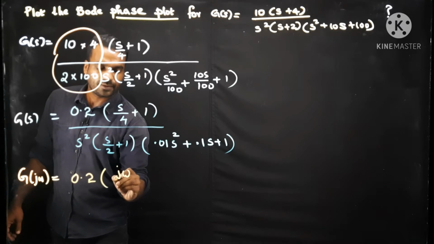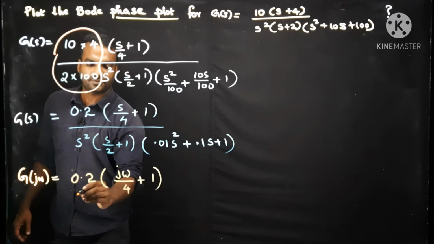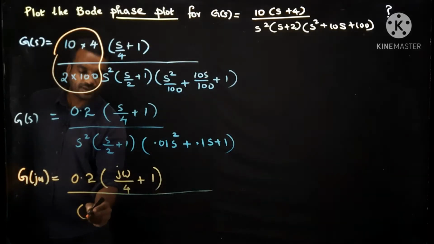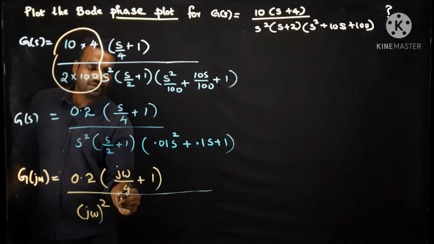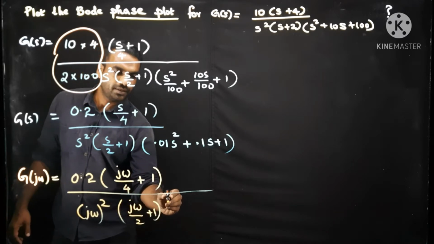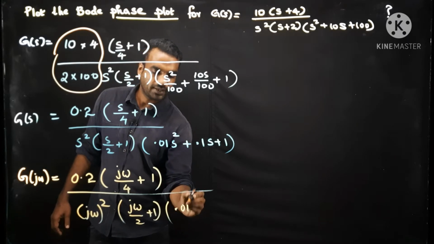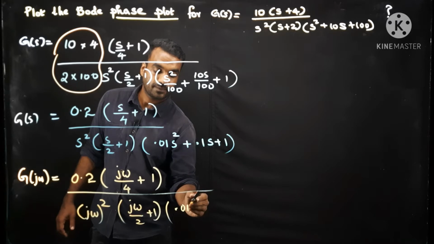So, (j omega by 4 plus 1) all divided by (j omega) square into (j omega by 2 plus 1) into (0.01 (j omega) square plus 0.1 j omega plus 1). What is (j omega) square? j square is minus 1.